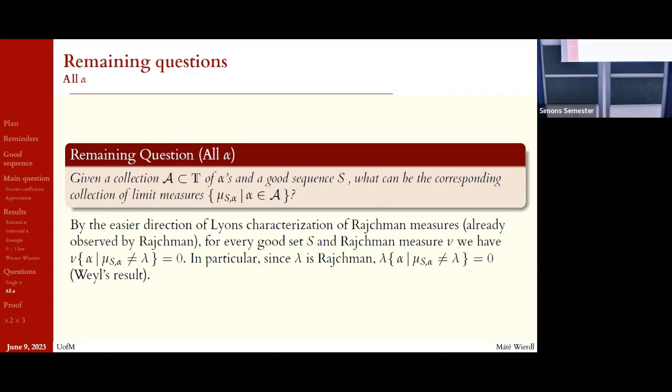So in particular, since the Lebesgue measure is Reuchmann, we get the well-known result of Wierdl, that the Lebesgue measure of those alphas where mu S alpha is not the Lebesgue measure is zero.